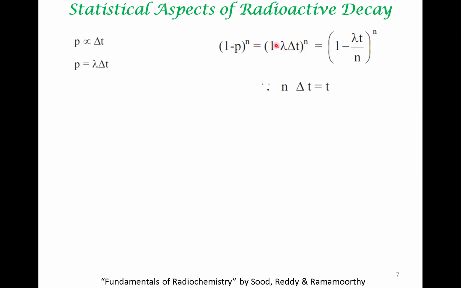You're just substituting it here, and you can use this relationship to get this relationship. All right. What have we done? We have just substituted delta T using this formula.